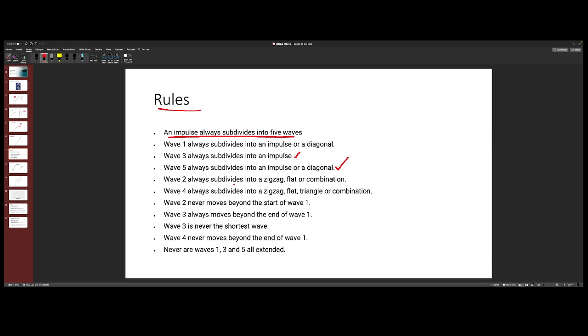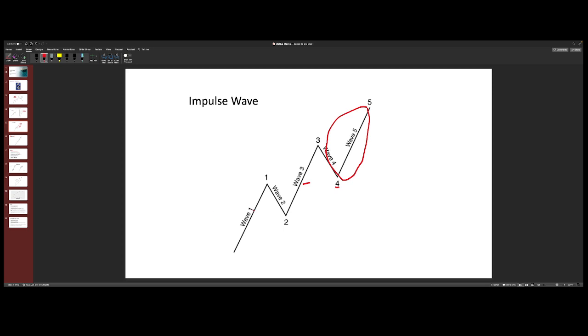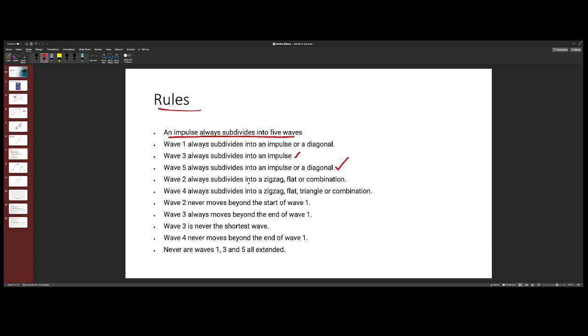Wave 2 always subdivides into a zigzag, flat, or combination. All the information that goes in here will come in these corrective patterns. Wave 4 has a zigzag, flat, triangle, or combination. Wave 2 never moves beyond the start of wave 1.